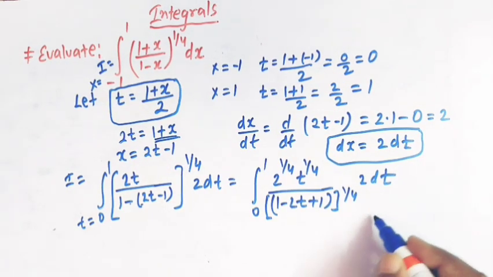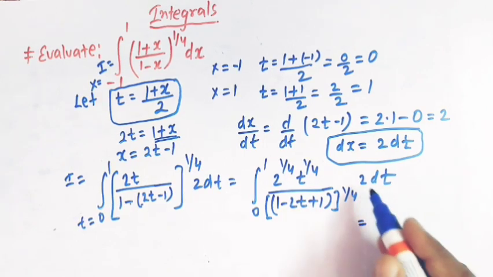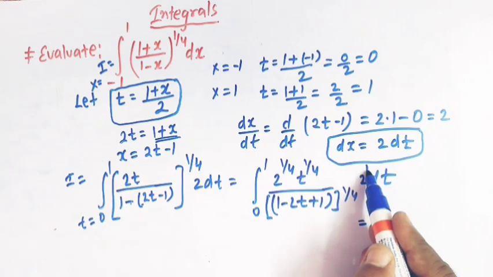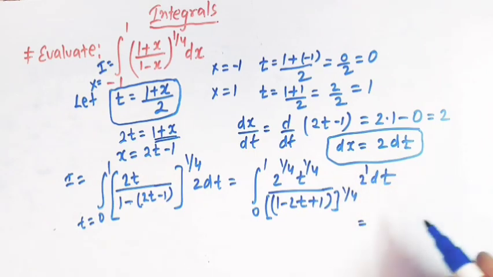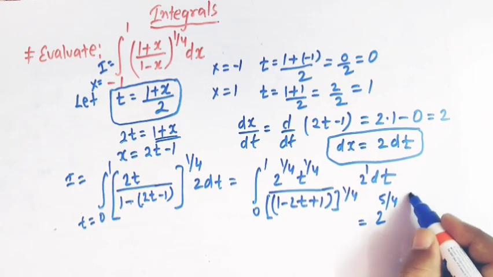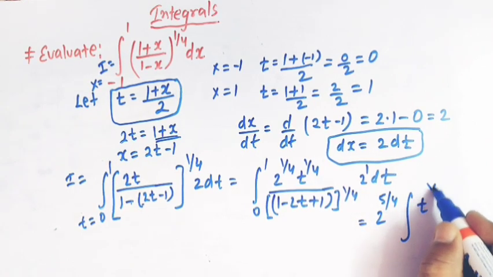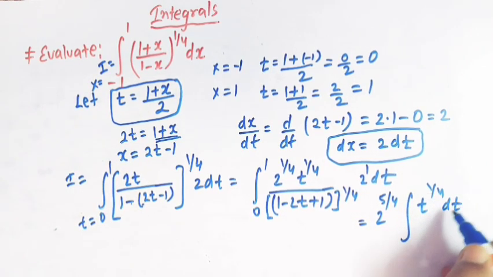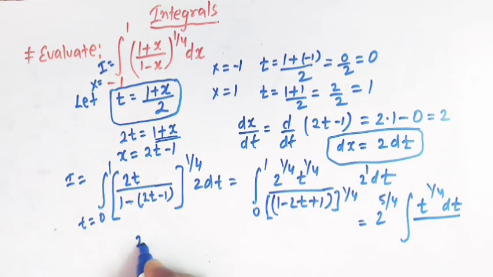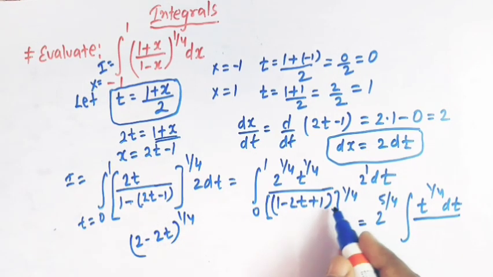Now let us simplify it further. Here we have 2 raised to 1, so 1 over 4 plus 1 is 5 over 4. So we have 2 raised to 5 over 4, and then t raised to 1 over 4 dt. And here we have 2 minus 2t, raised to 1 over 4.